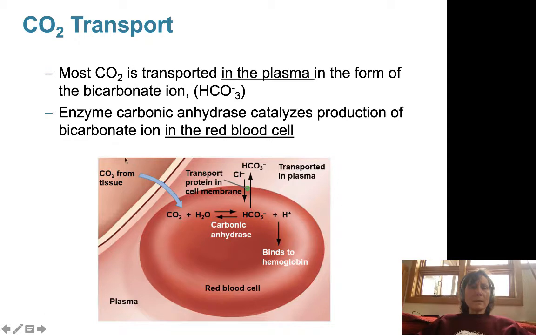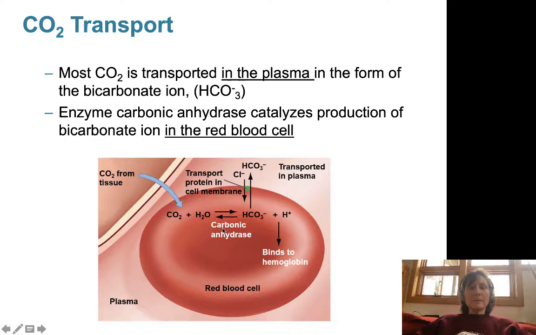So when carbon dioxide is released from the tissues, it's going to go across these cell membranes, and it'll enter into red blood cells. But it's going to get transformed in those red blood cells. So red blood cells aren't carrying around carbon dioxide itself. Carbonic anhydrase is going to transform carbon dioxide into bicarbonate ions.